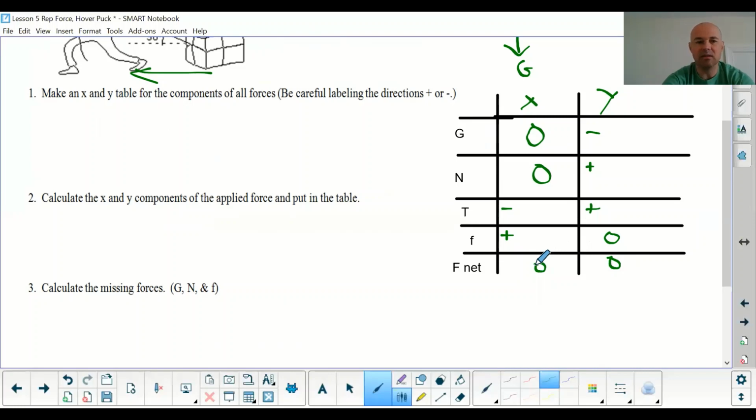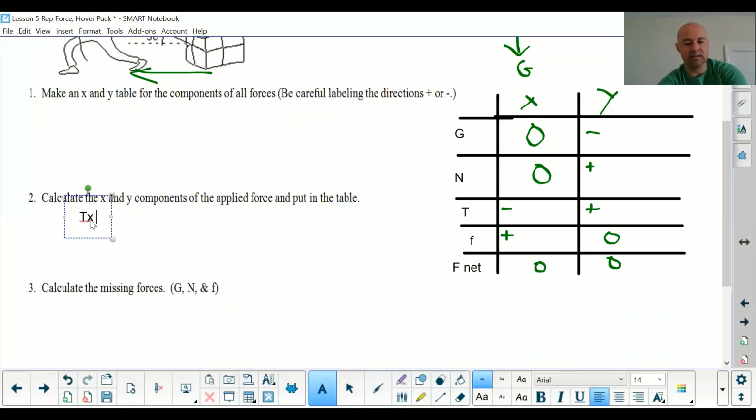Okay. So now I'm going to make the x and y components for the applied force. So I'm going to try to find the x and y pieces. The only thing that has an x and a y is tension. So I'm going to find tension in the x and tension in the y. Tension in the x is just going to be T cosine of theta.